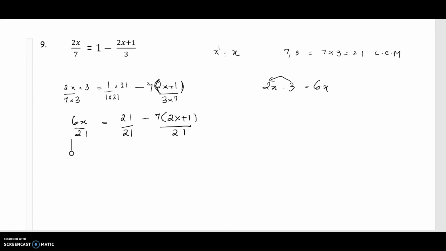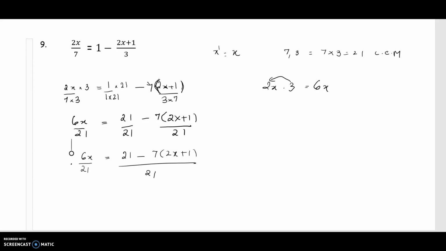Now we have the common denominator of 21 on both sides. So the 21 gets cancelled on both sides eventually. So that's 6x over 21 equals 21 minus 7 times 2x plus 1, the whole divided by 21.